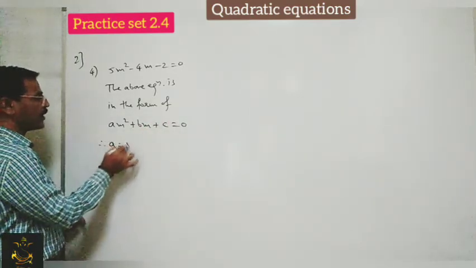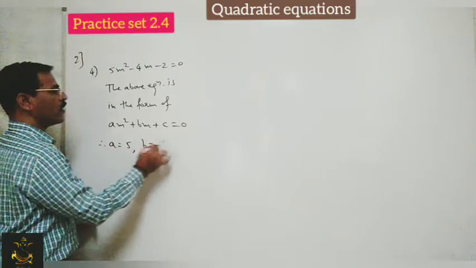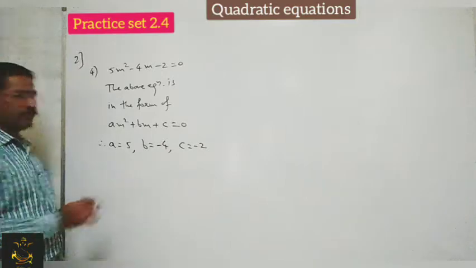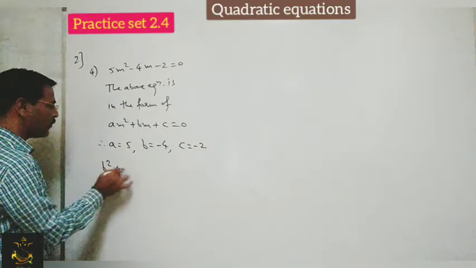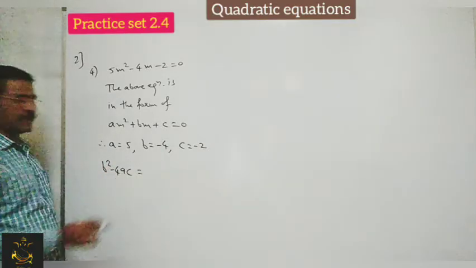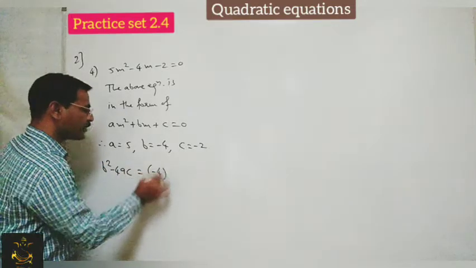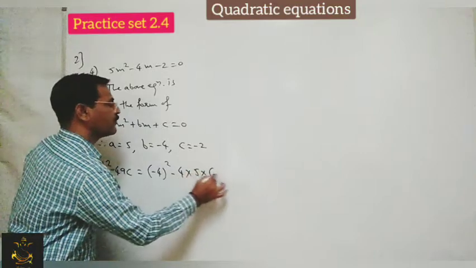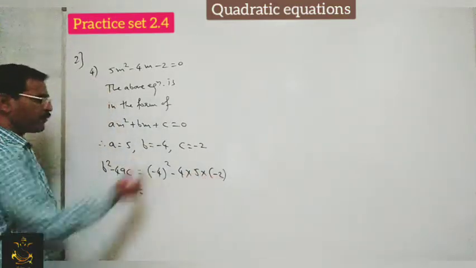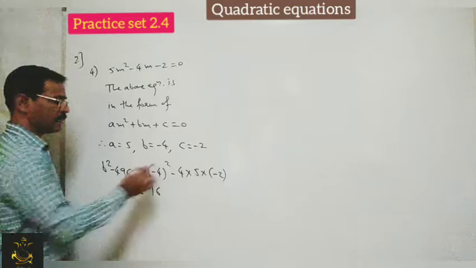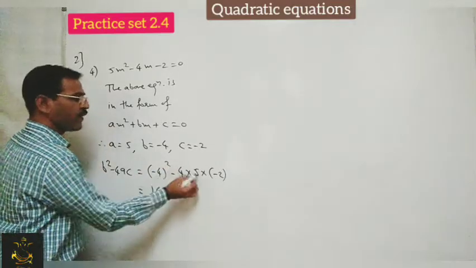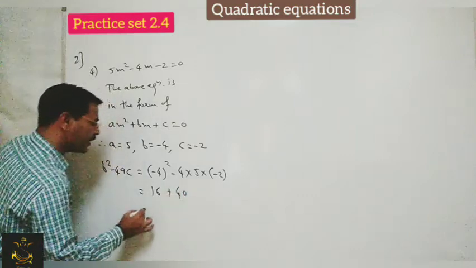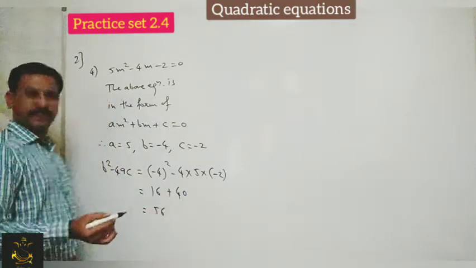Compare: a is 5, b is minus 4 and c is minus 2. Now we'll find the value of b squared minus 4ac. b is minus 4, squared, minus 4 into a is 5 and c is minus 2. Square of minus 4 is plus 16. Minus minus plus. 4 fives are 20, 2 twenties are 40. How much? 56. Just keep it as it is.